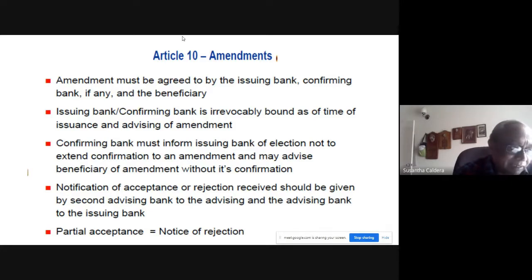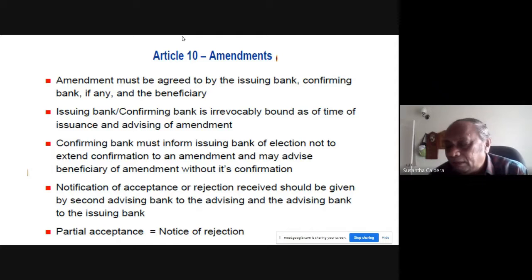Now, for example, in the same amendment they have enhanced the number of units from 50,000 units to 75,000, and then enhanced the LC value from $50,000 to $75,000.